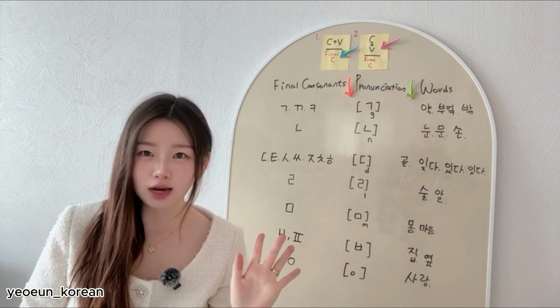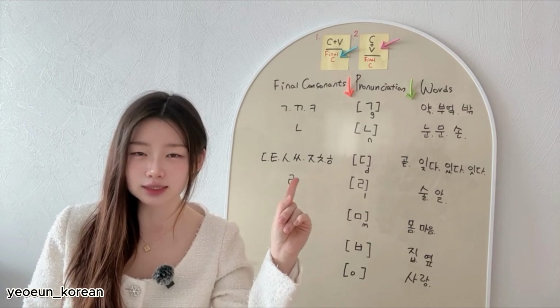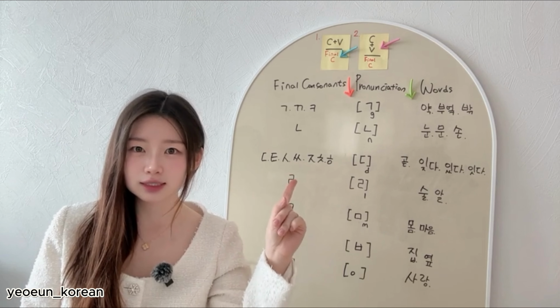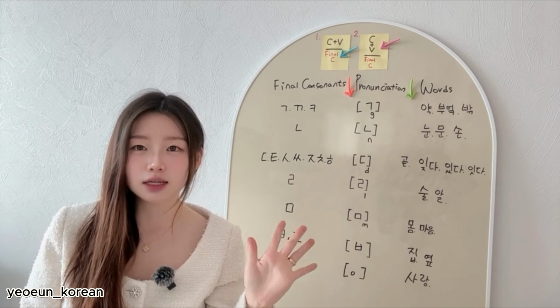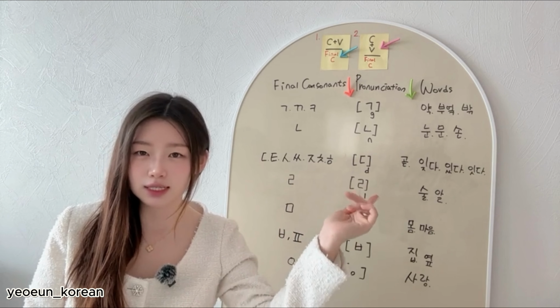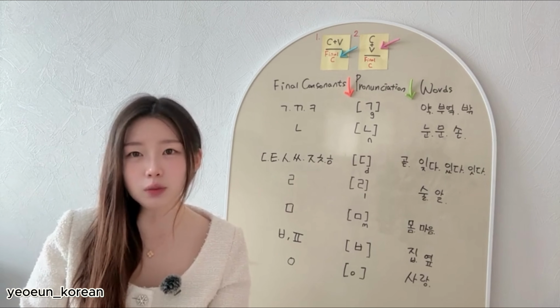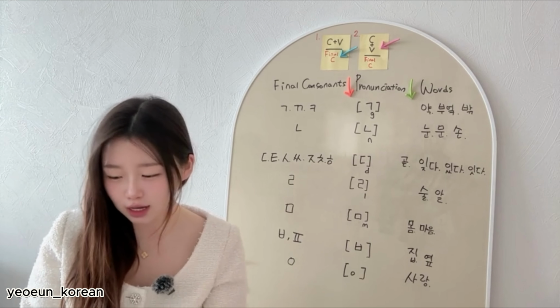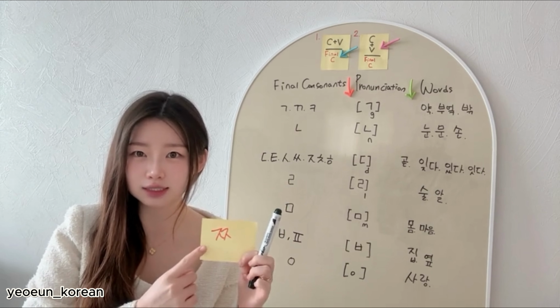And we have the biggest group, 트, 스, 츠, 히. They all sound like a T, which is a D sound. And guys, did you notice that when I was starting the class, I had one more letter for this group, which was Z?